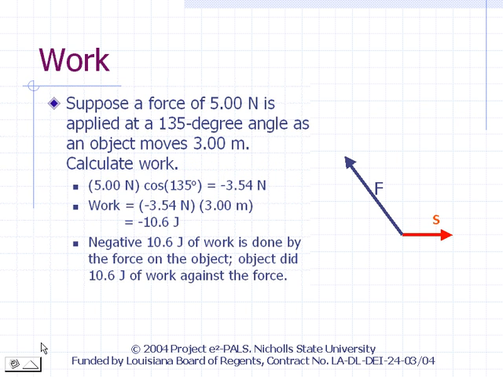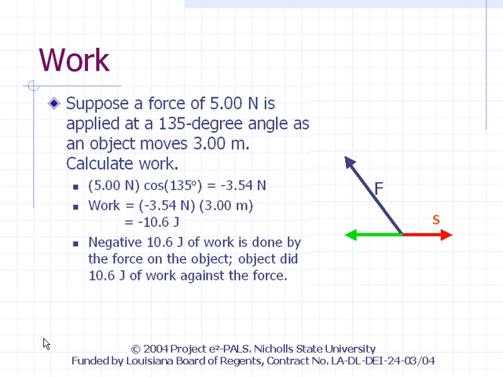Here's a simple example illustrating the calculation of work if we know the displacement of an object and the force acting on it. In this example, the object moves forward a distance of 3 meters. It is being pulled back by a force of 5 newtons. However, since the force vector is at an angle of 135 degrees, the actual force in the negative direction is only 3.54 newtons. We get this by multiplying 5 newtons by the cosine of 135 degrees.